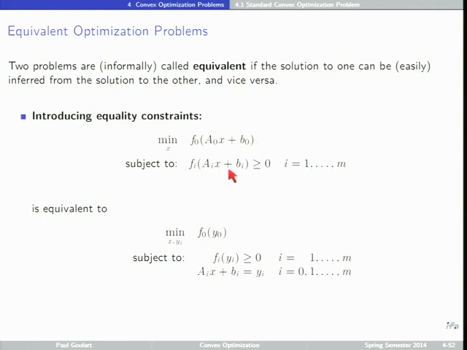Sorry, this should be less than 0 here. And this one as well. Suppose that I have a problem that looks like this. Maybe it's not so convenient to have these linear terms inside my functions. So what I do is I take aix plus bi, and I make a new variable, and I call it y. I add that as an equality constraint, and then I just make this inequality f of y less than 0.